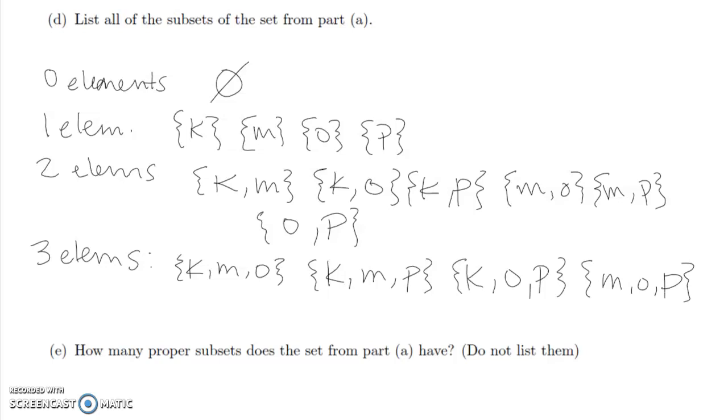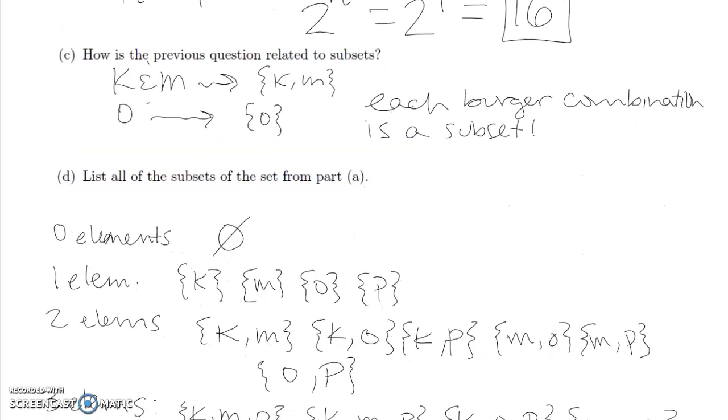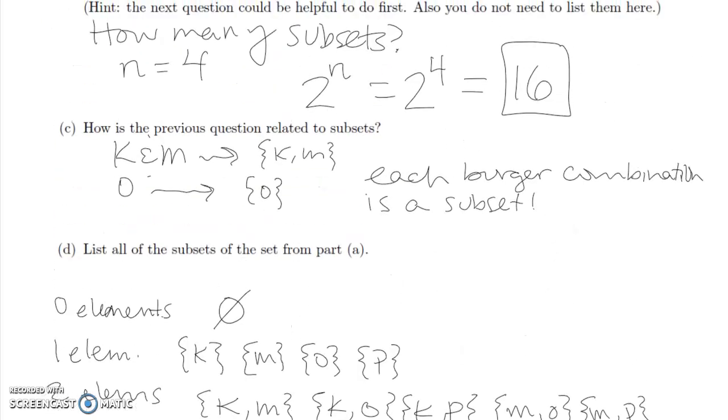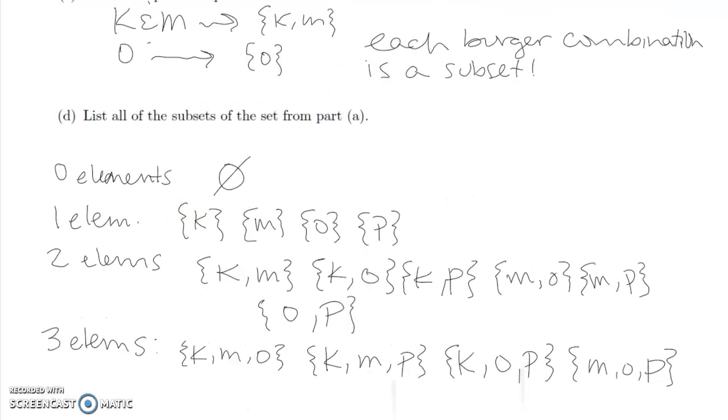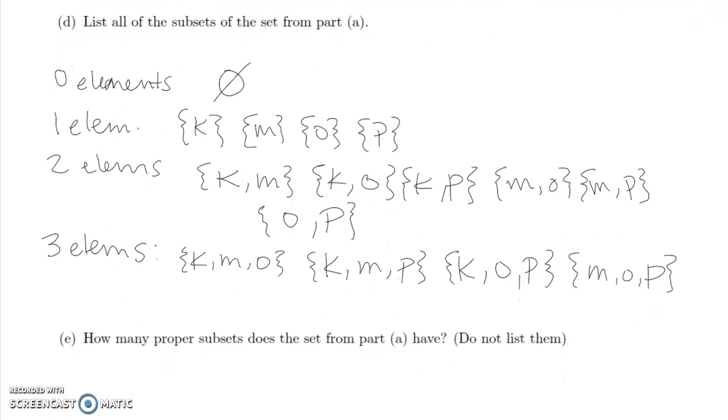Now we have to think, are there any more? Well, in the question part up above, remember we said that we should be finding 16 of these. So let's see what we found already. We've got 1, 2, 3, 4, 5, 6, 7, 8, 9, 10, 11, 12, 13, 14. Only 15. We have to think about what's left.